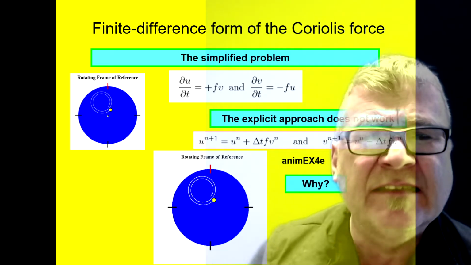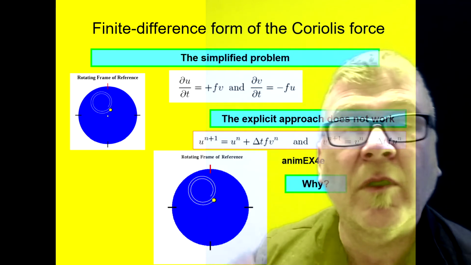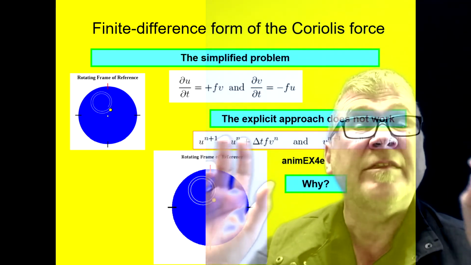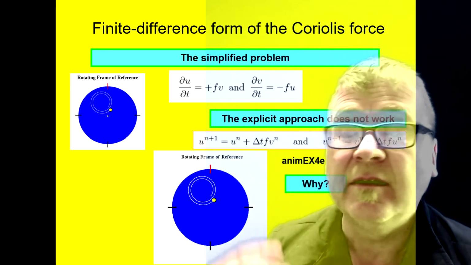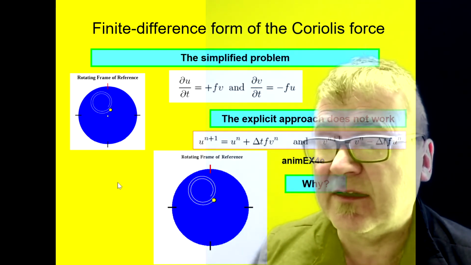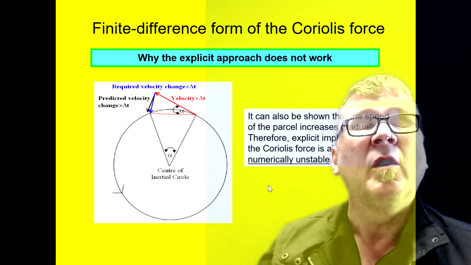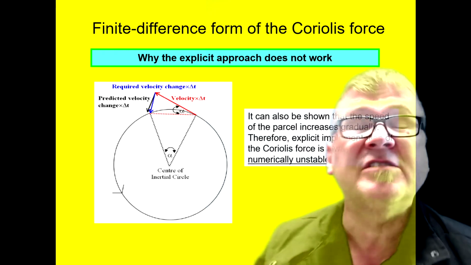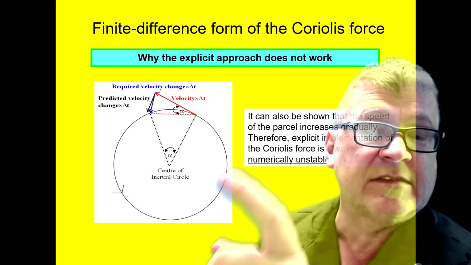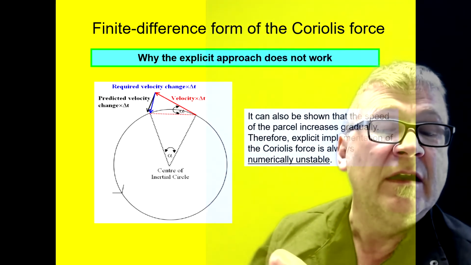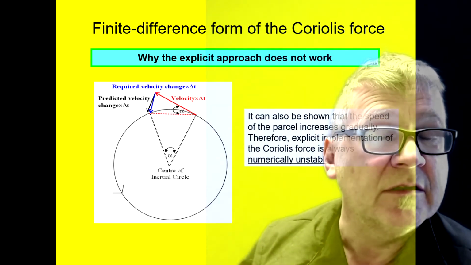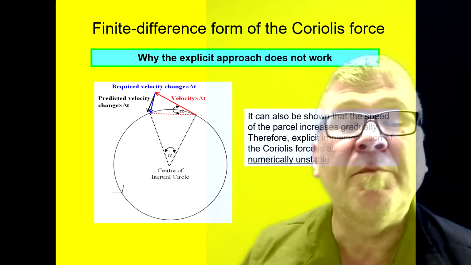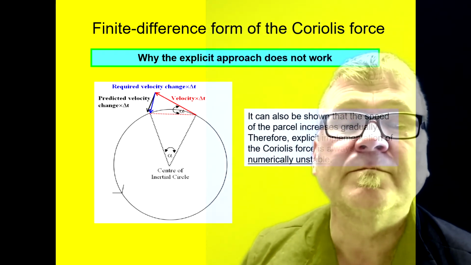So why is it that it doesn't work? What's the problem? The problem is illustrated on the next slide. Because you have a finite time step, you have a circle, and you want a solution which moves a particle along a circle.